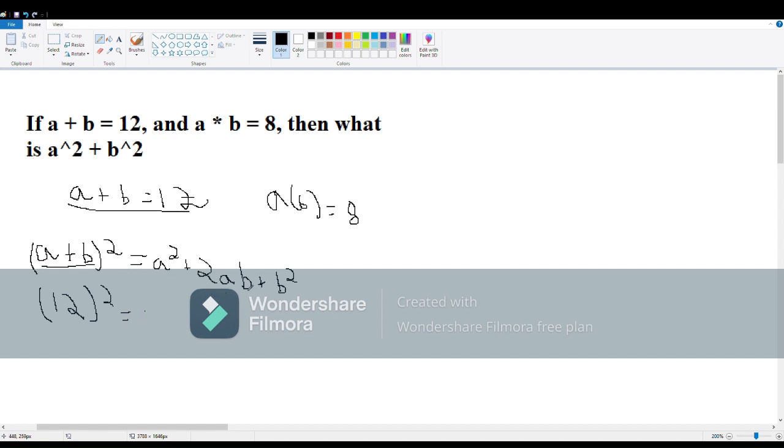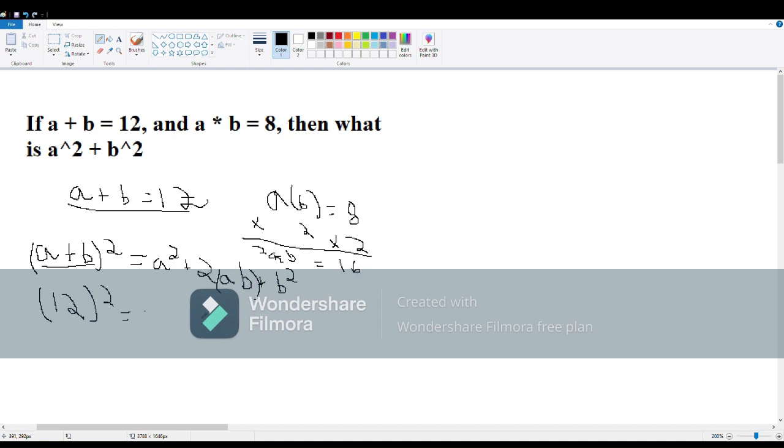Now we can also say, well, we want to take a look at ab. Well, ab is equal to just a times b, so basically what if we multiply both sides by 2, so therefore 2ab is equal to 16.